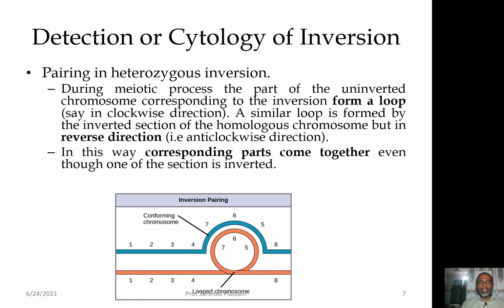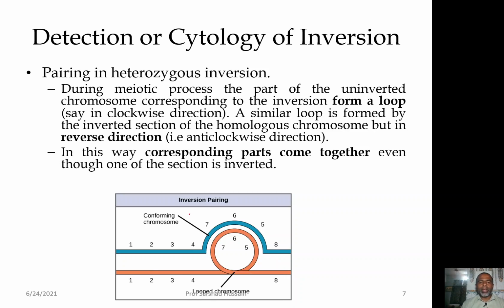Now, the difference between these two loops is that if the inverted chromosome has, for example, a clockwise type of loop, then the normal chromosome will form an anti-clockwise type of loop. So, they will go in reverse to one another, reciprocal to one another.